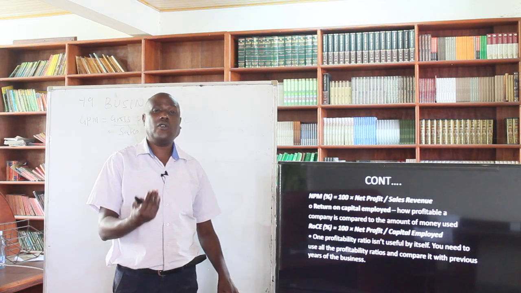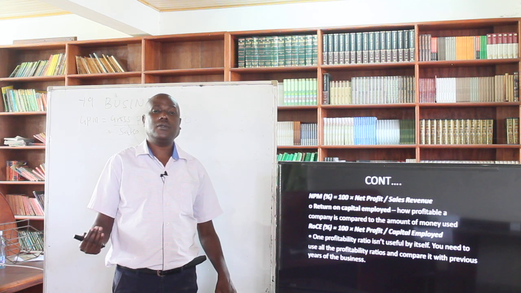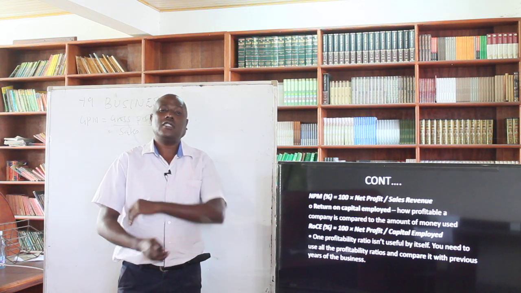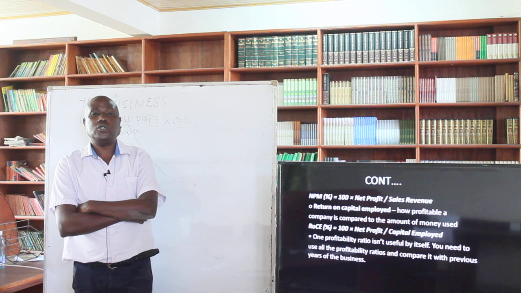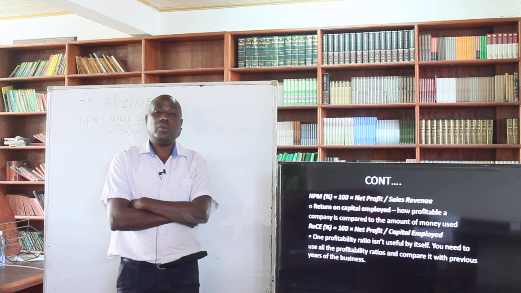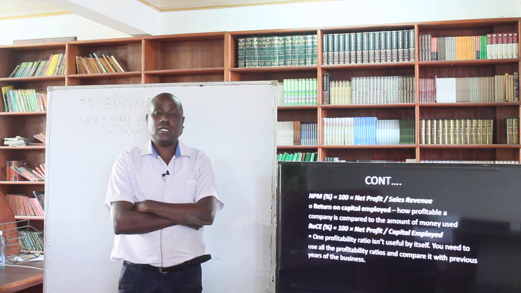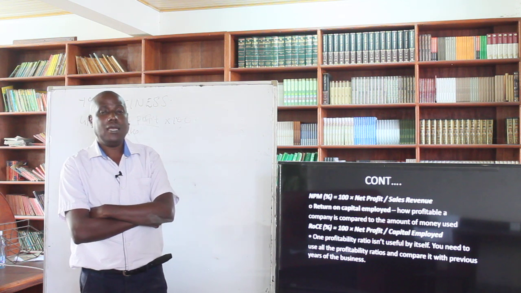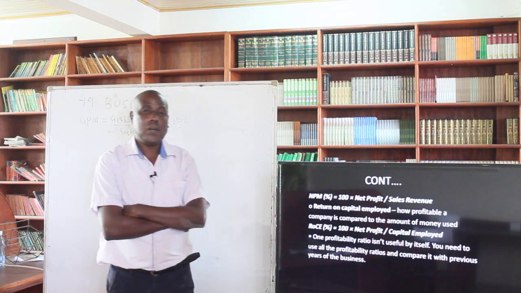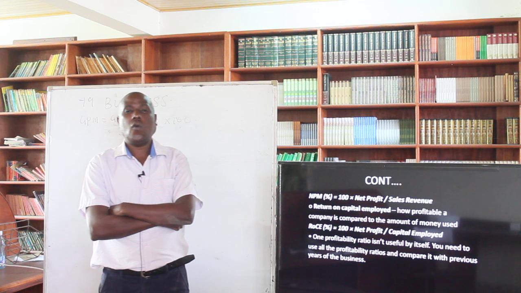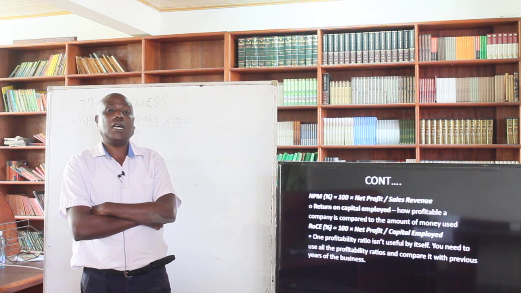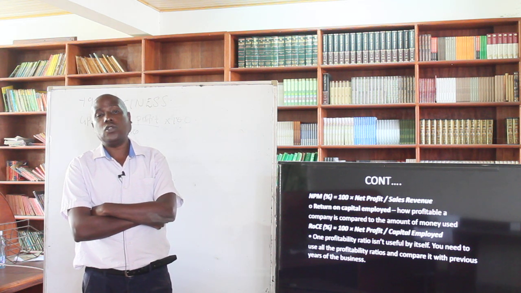Then you look at how profitable the company is. Therefore, return on capital employed is net profit divided by capital employed times 100. That gives us the rate of return on capital.